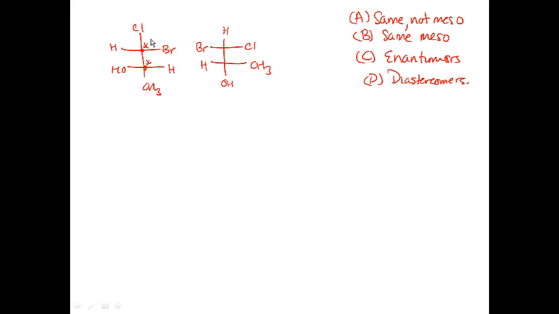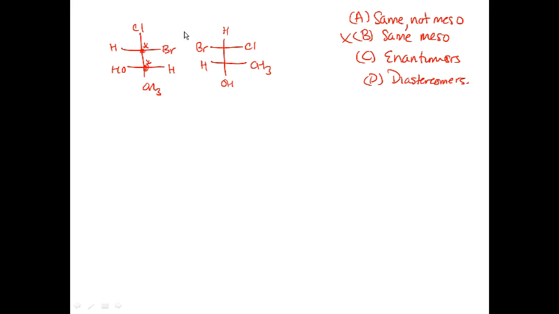Hydrogen, chlorine, bromine, those three groups are different than OH, CH3, and H. So there's no way to draw a mirror plane of symmetry in this molecule because these two carbons do not have the same groups attached to them. So therefore meso is not a possibility, which means over here that B is not a possibility for this molecule.